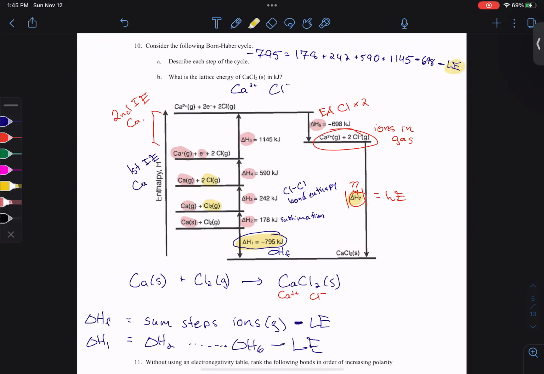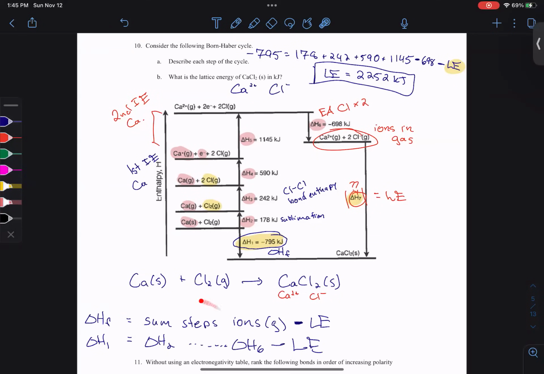There's only one variable, and this is the only question on this whole packet that requires a calculator. If you calculate it, you get lattice energy is equal to 2,252 kilojoules for this example.